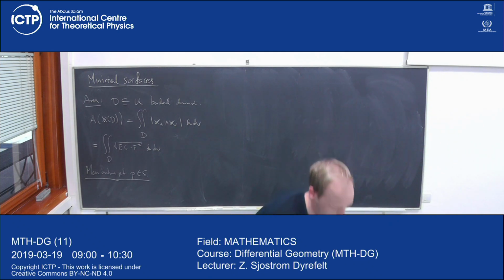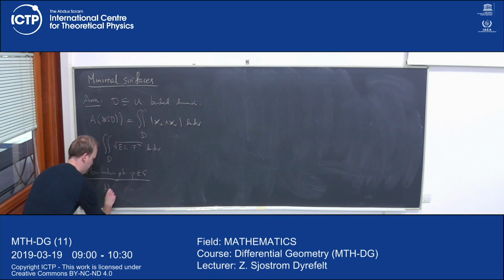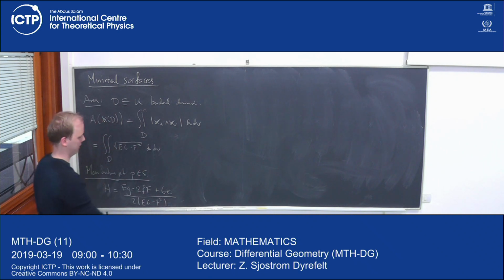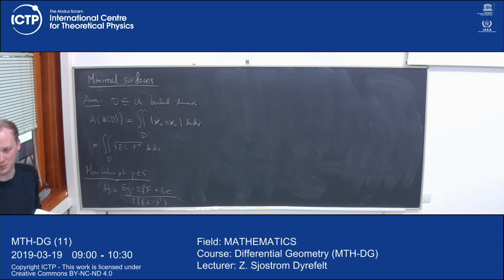Good. So a formula for the mean curvature, I will write it as H, and it is equal to Eg minus 2 small f big F plus G times small e, you divide by 2 times EG minus F squared. So this is the formula for the mean curvature.